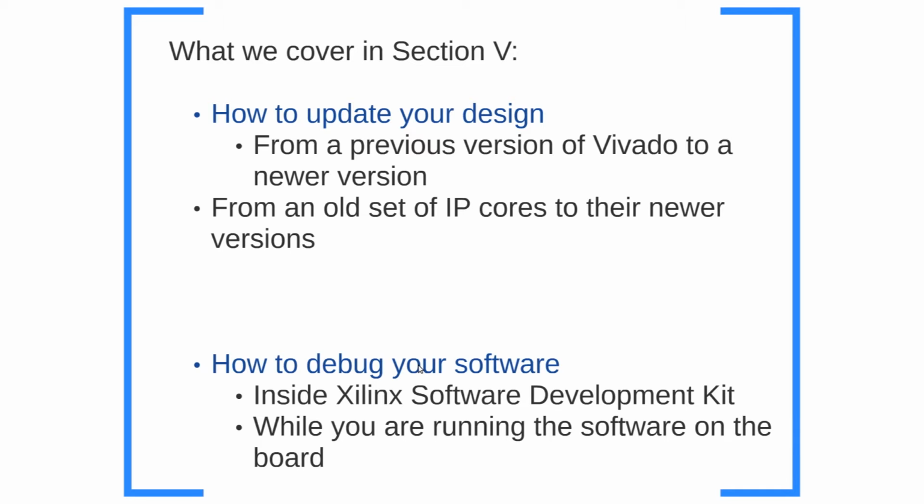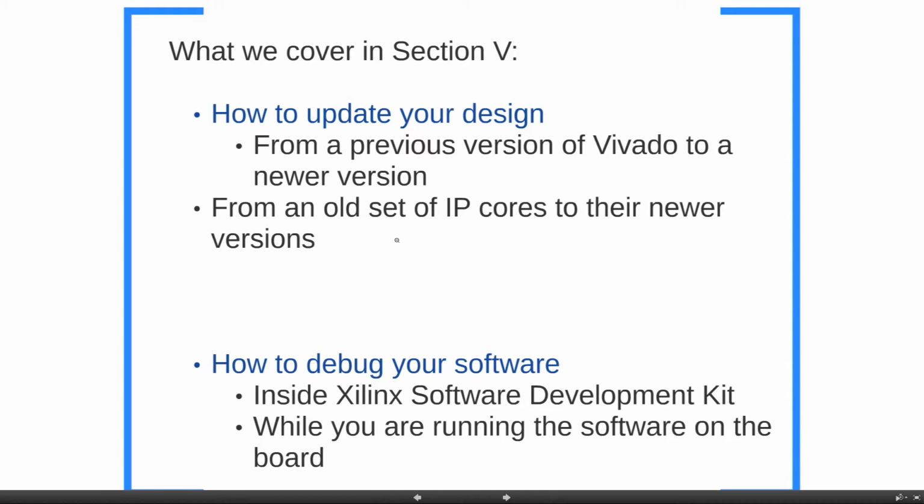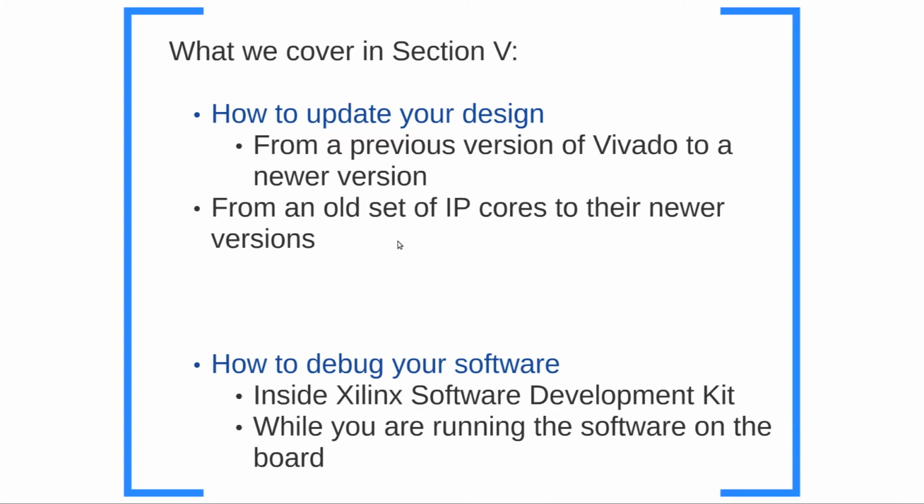Another interesting thing that I'm going to show you in this video is what happens when you update your design between different versions of Vivado. For example, you have created your design using Vivado 2014.1 and now you have installed a new version of Vivado, for example 2014.2, and what happens during this upgrade.